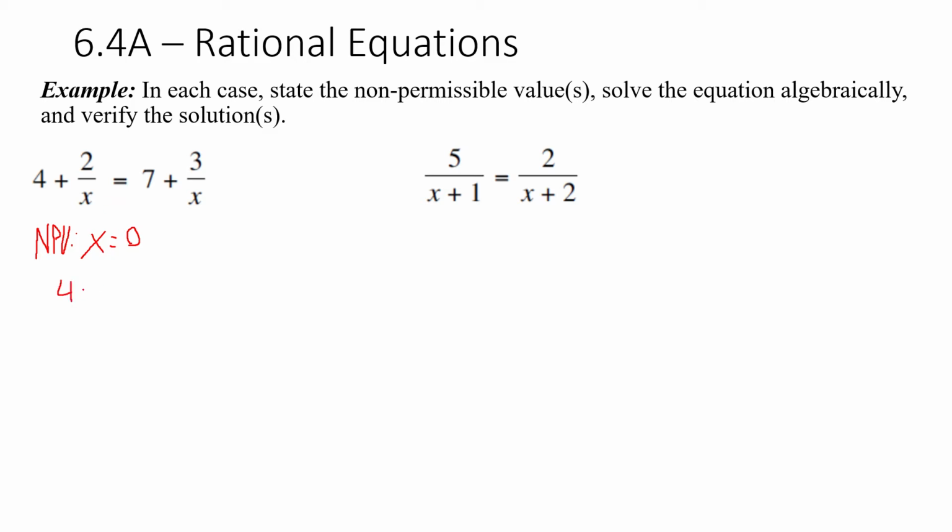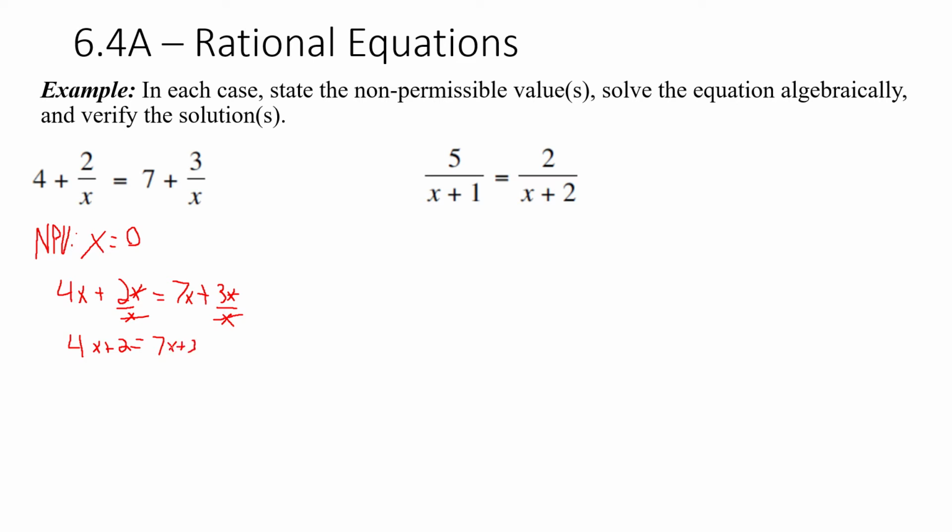So if I did 4 times x and then plus 2 times x there, equals 7 times x plus 3x over x. So multiplying everything by x, look what's going to happen. We can cross off the x's out of those two, and now we have 4x plus 2 equals 7x plus 3.